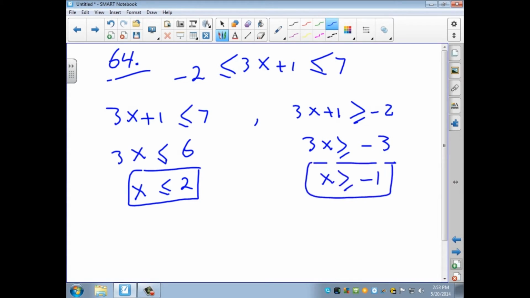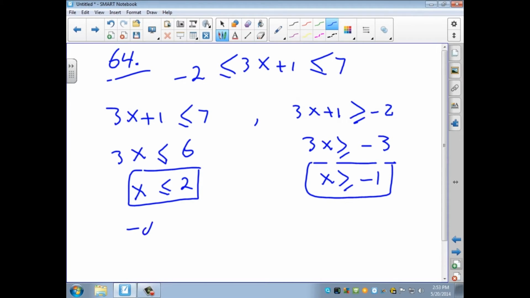And the way you write it in the interval form, you write it as 2 with the bracket, since it is equal to, toward infinity with parentheses, and here greater than or equal to minus... I'm sorry, I made a mistake in the first one, so let's do this one more time. It says x less than or equal to 2.